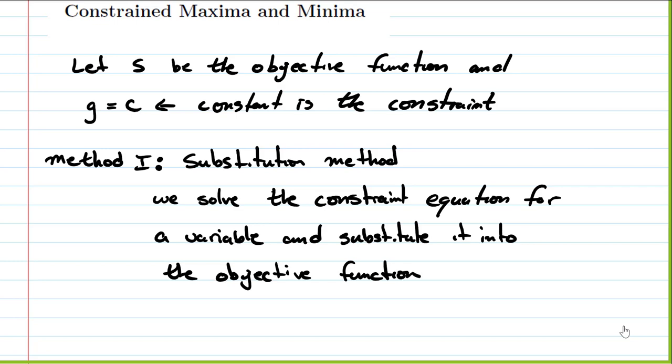So that's really the idea of the first method, is we'll have our constraint, and it is some function equals a constant. We solve that function for any of the variables, and we substitute that into the objective function, thus eliminating one of the variables and allowing us to find the maxima and minima.